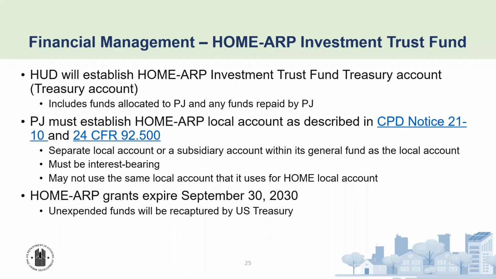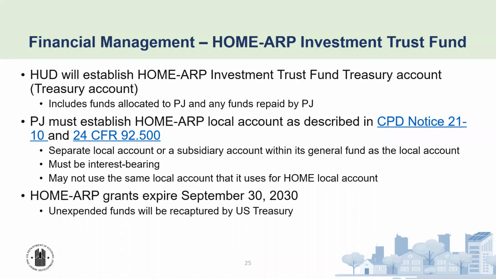So the HOME-ARP local account is going to consist of funds drawn down from the PJ's Treasury account and any program income received from the use of HOME-ARP funds. And we'll talk more about program income later as well. The PJ may use either a separate local account or a subsidiary account within its general fund as the HOME-ARP local account.